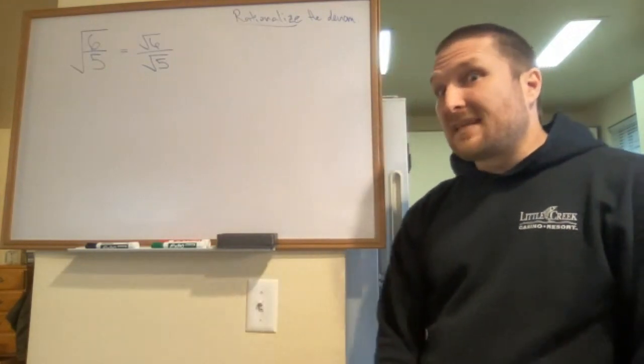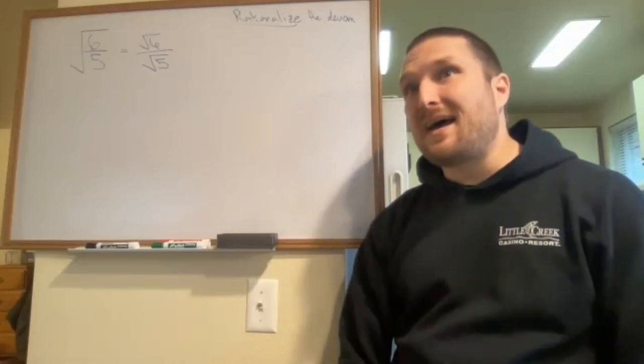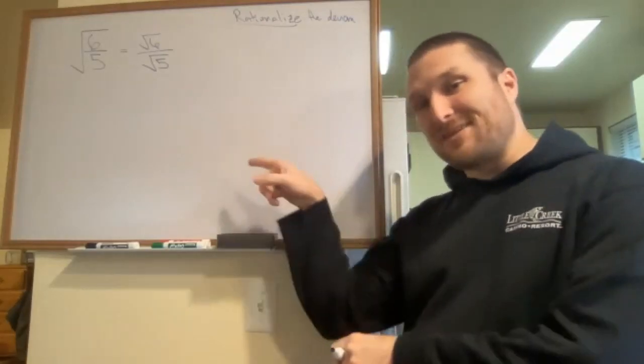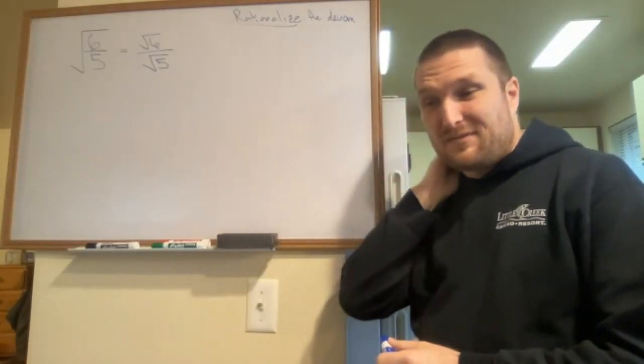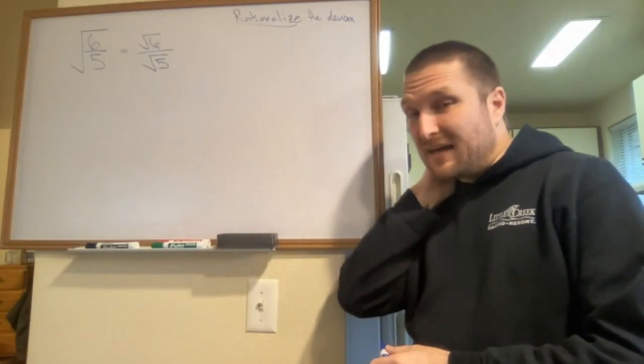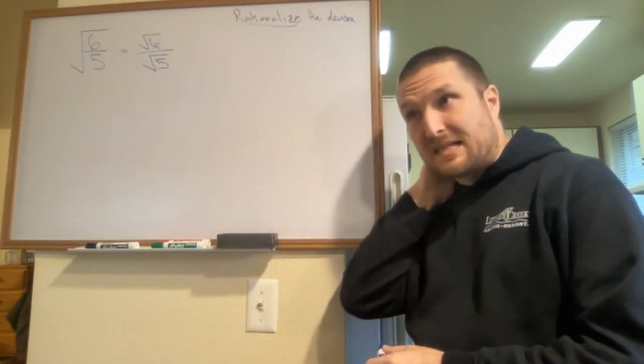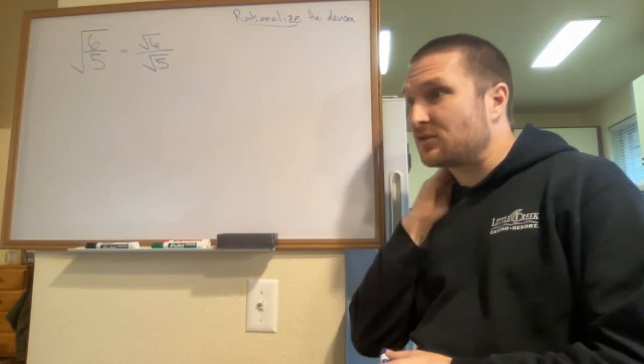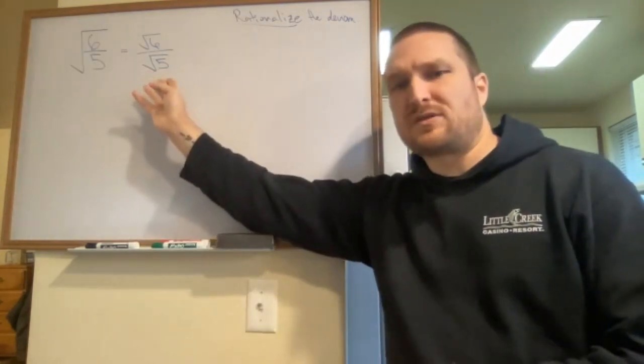And sometimes it's advantageous to not have irrational numbers in the denominator. Quite frankly, I don't care. I've never seen an instance where having an irrational number or a square root in the denominator has ever hindered me.